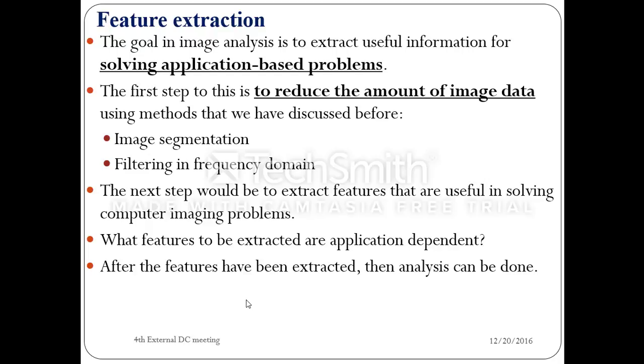The images are sensed through the data, and it detects the motion of the hand. It follows only image segmentation and image filtering in the frequency domain, extracting the features for solving the computer image problem.